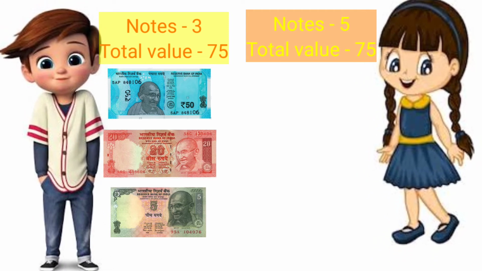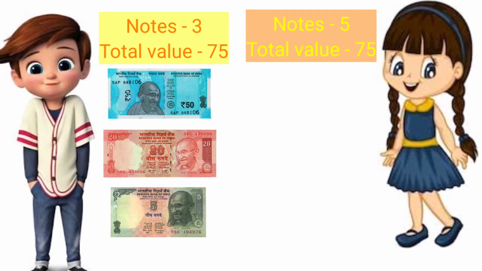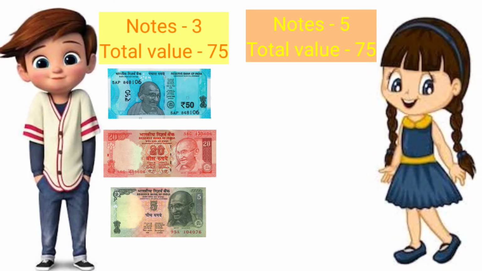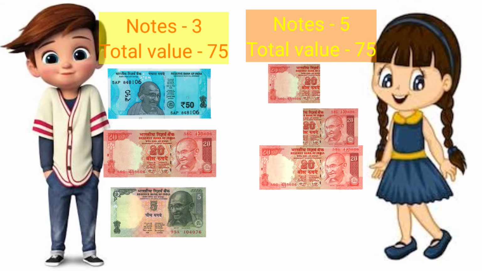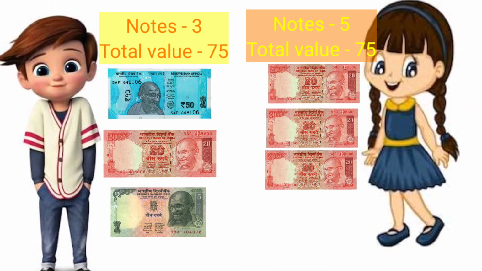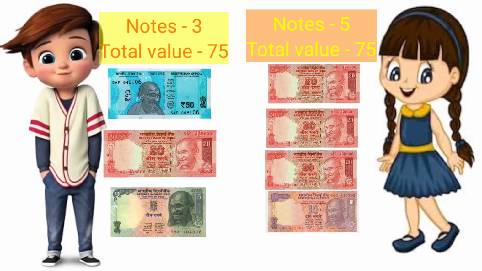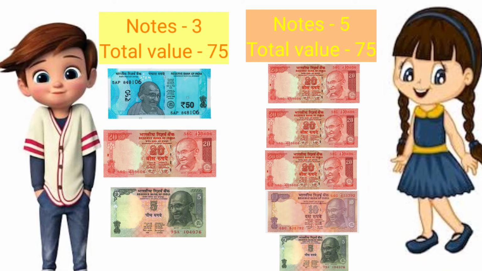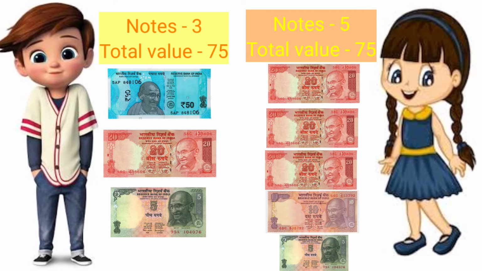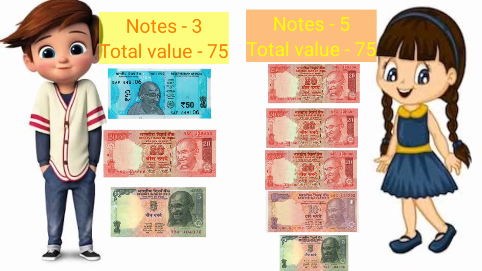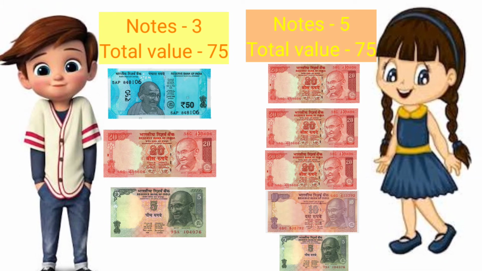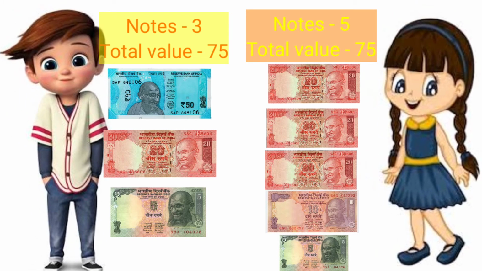So all together it makes 75 rupees. Salma has 5 notes. So which 5 notes does she have? Here she has 3 notes of rupees 20, 1 note of rupees 10 and 1 note of rupees 5, and all together it makes rupees 75. It means that both Tony and Salma are right.